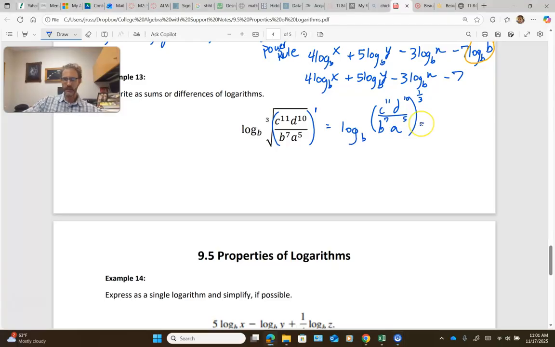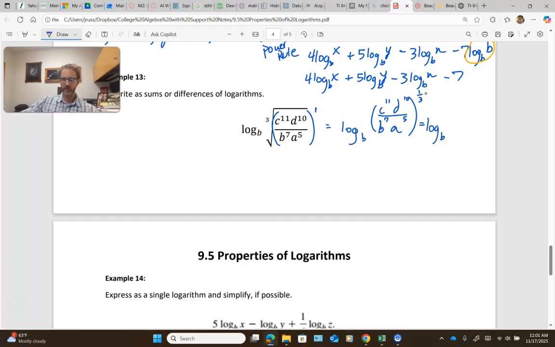And then the next thing that I can do before I can really look at this as a quotient is I need to, in a sense, distribute this power 1/3 to all of these exponents that are in here. But to do that, I use the power rule, which means I multiply all these exponents by 1/3.